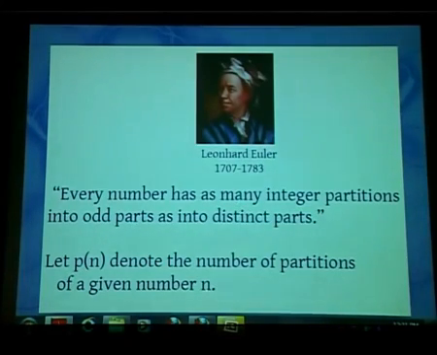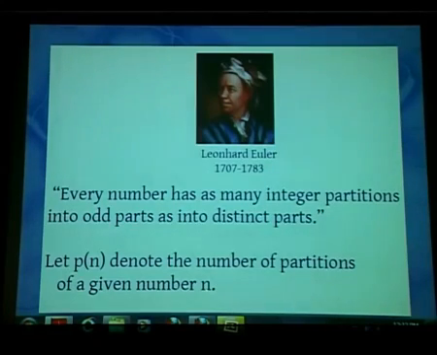What it means is, I am giving an integer, you have so many partitions of the integer, and among them you pick the partitions having only odd parts, and you pick the partitions having only distinct parts. How many of them? They are the same. That means as many integer partitions into odd parts as into distinct parts.